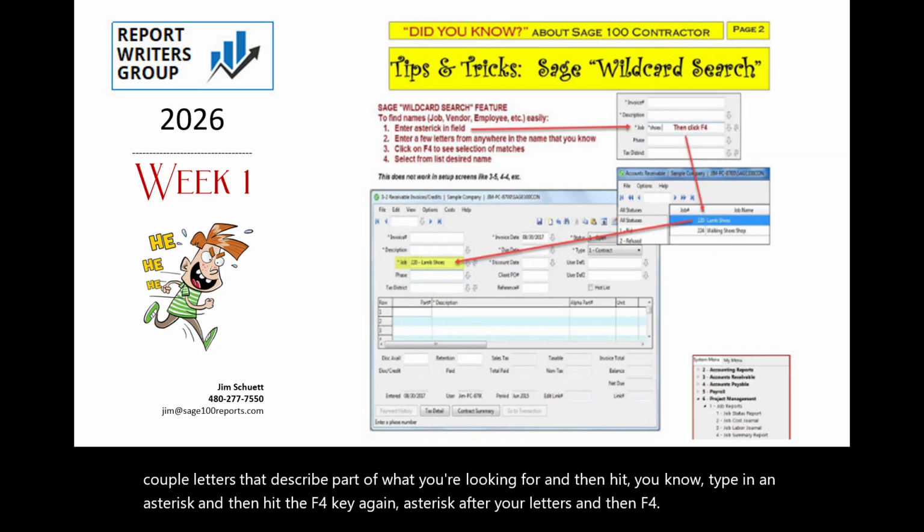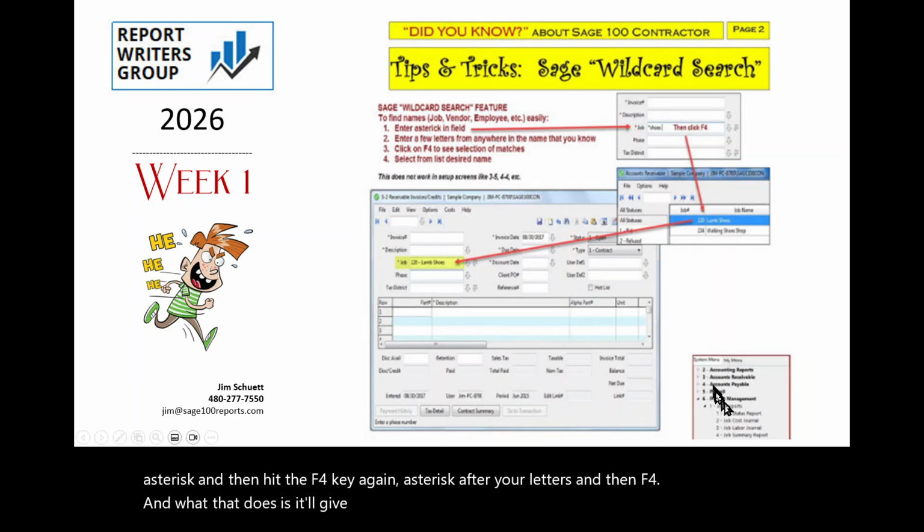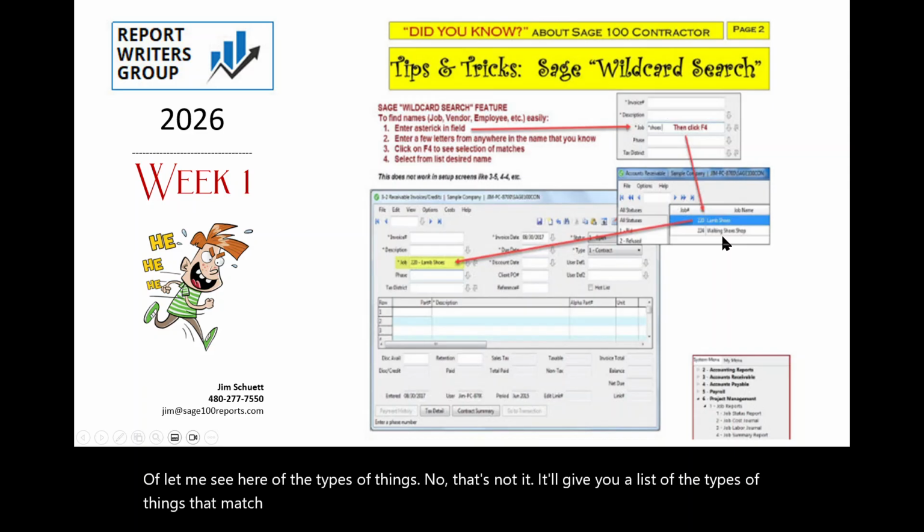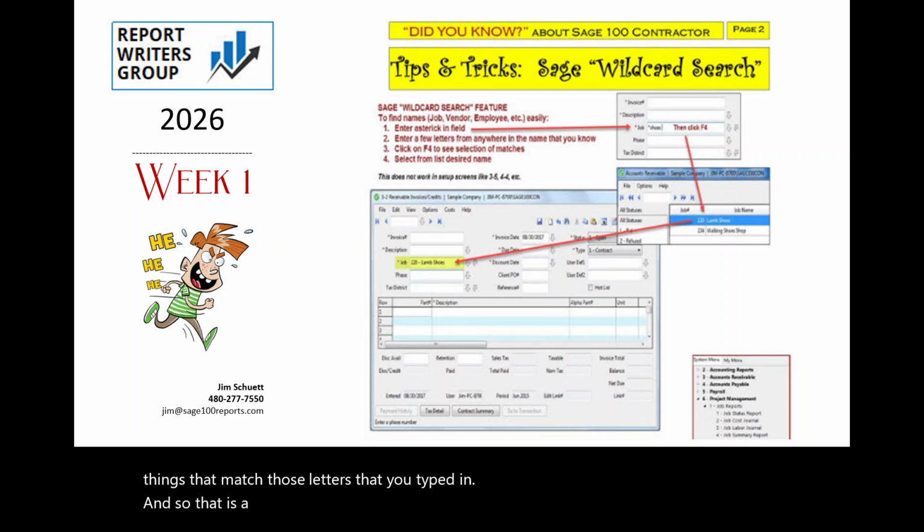What that does is it'll give you a list of the types of things that match those letters that you typed in. And so that is a great search tool for finding things. Employees, vendors, anything that has a setup screen. So that's the wildcard search.